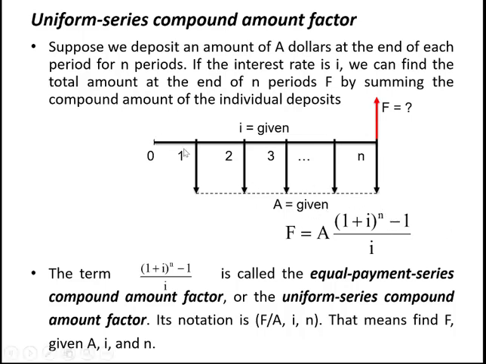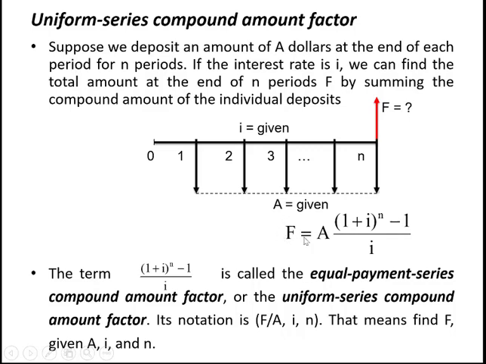We draw the cash flows like that. A is 5,000 and n here is 5. The interest rate is 6%, and we use this formula to calculate the future worth.